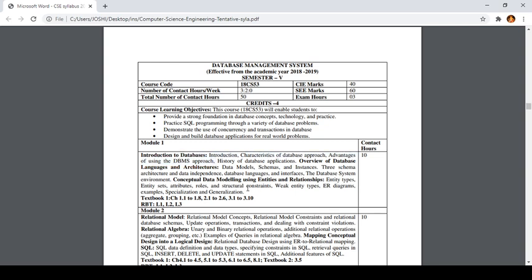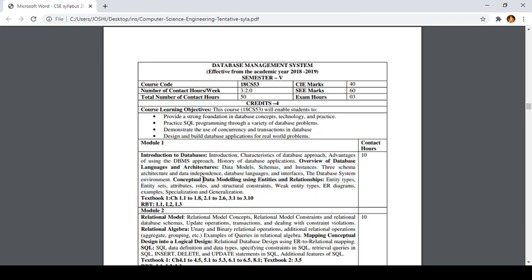So what is the database and its characteristics of database approach? We will study one by one. Okay, so it includes introduction, characteristics of a database approach, advantage of using DBMS approach, history of database application, overview of database language and architecture, data models, schemas, instance, 3-schema architecture, the data independence, database languages and interfaces, the database system environment.